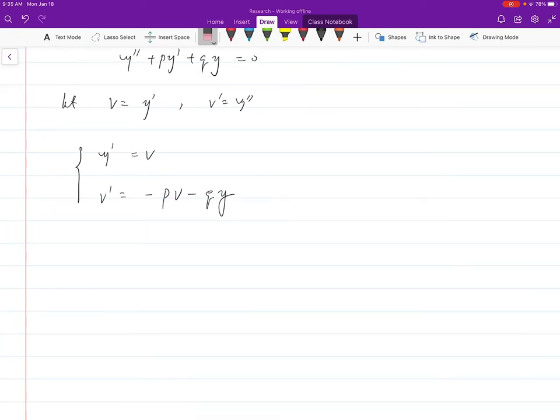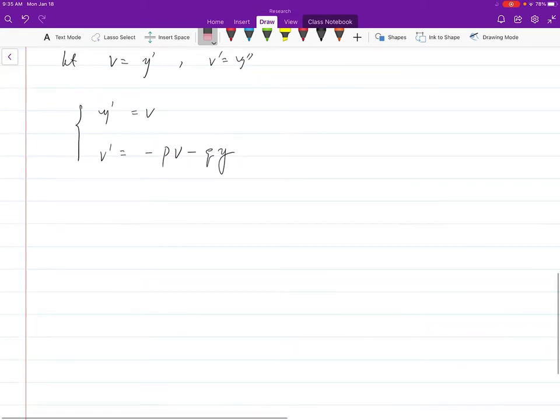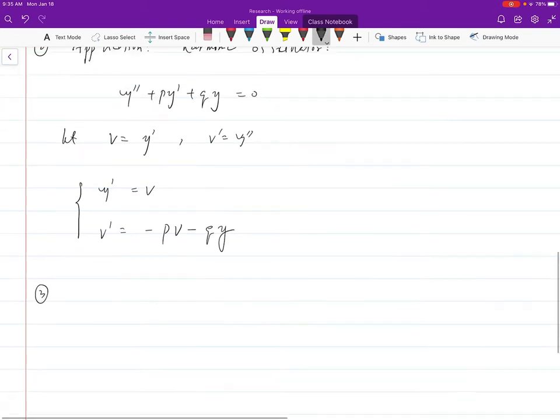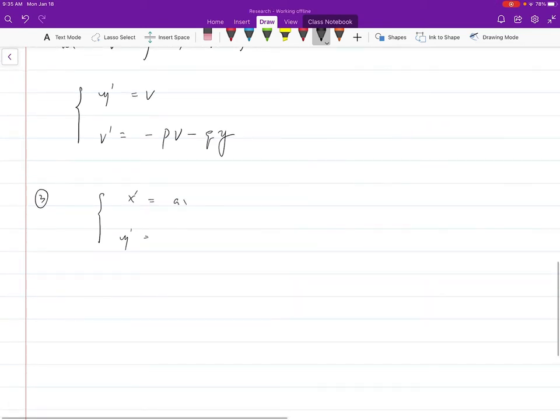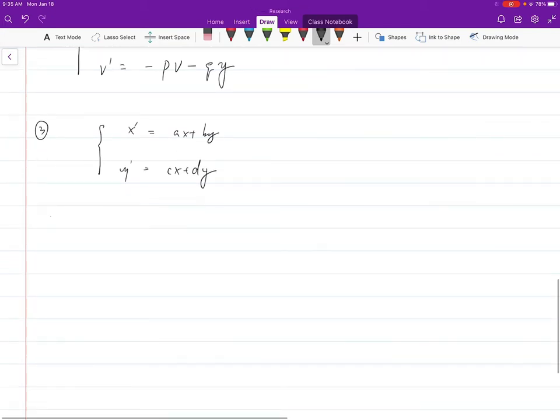Now number 3, what do we care about linear system? That's probably the most interesting one. Whenever you see something like this, and if it's linear, we will have the property such that we can write it in matrix notation.